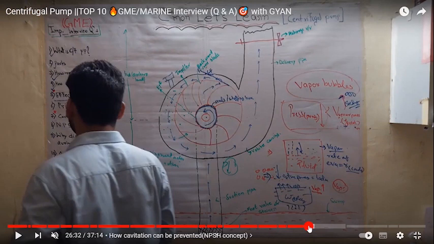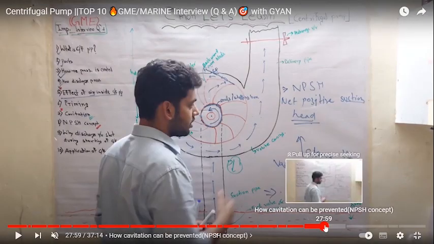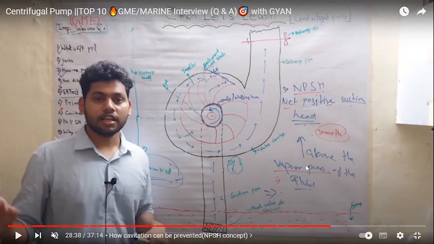NPSH means net positive suction head. It is the minimum pressure which is required at the inlet of the pump to avoid cavitation. So this pressure should be above the vapor pressure of the fluid.